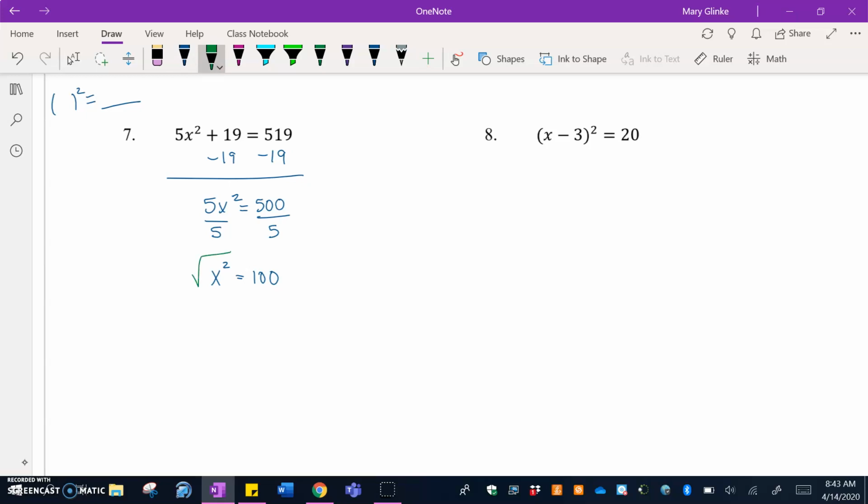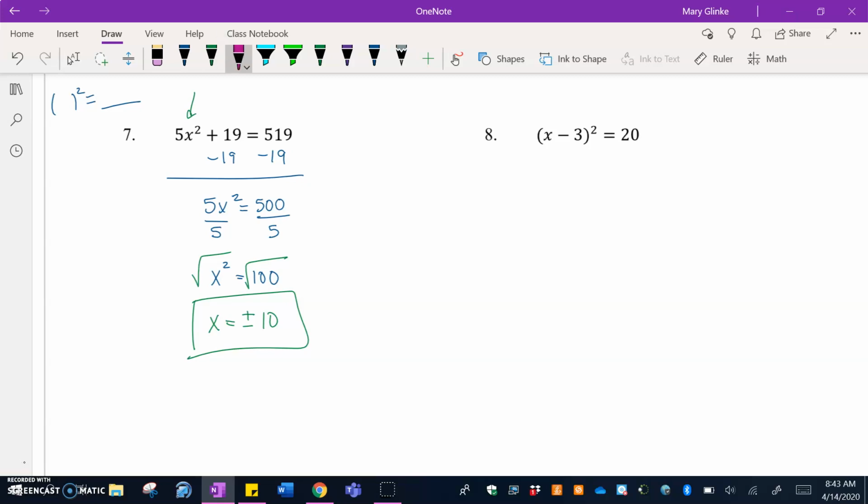We're going to go ahead and square root both sides. So we have x on one side, and we get plus or minus the square root of 100, which is 10. So our answers for this one is x equals positive 10 and x equals negative 10. And you can always plug those in and check your answer and see if this works.